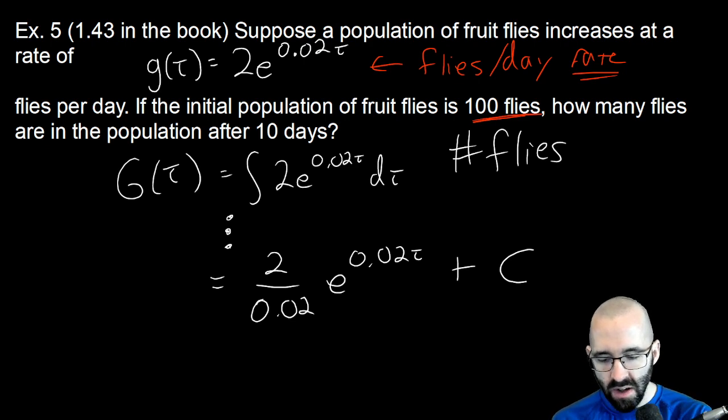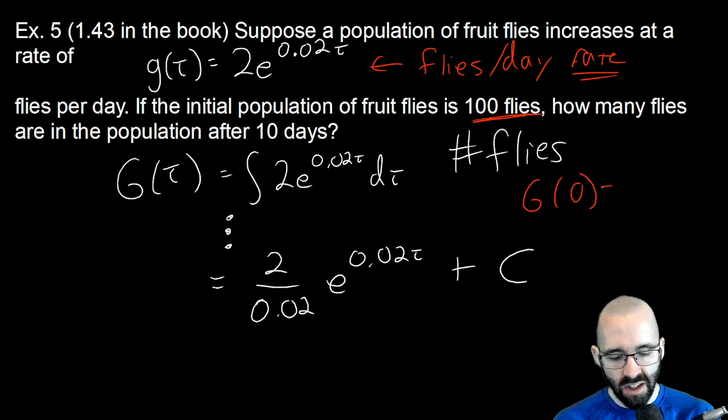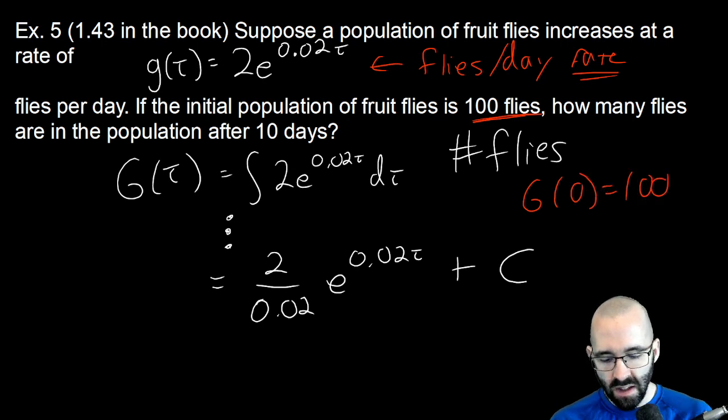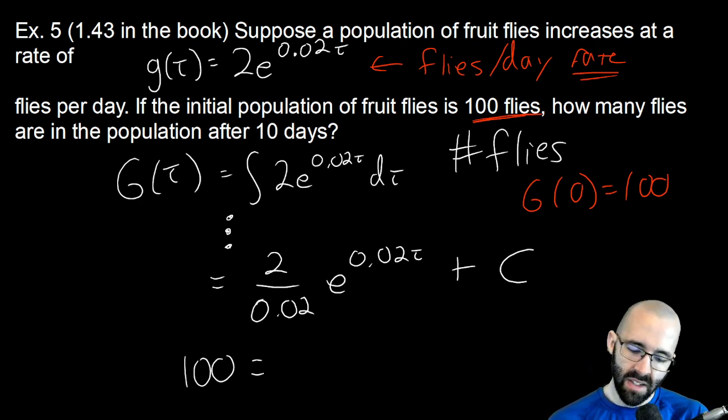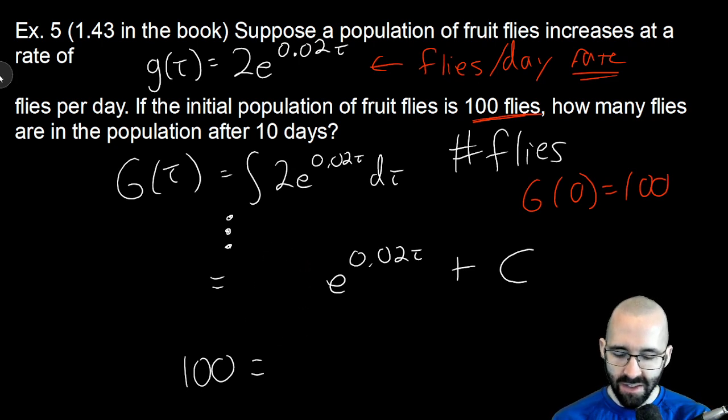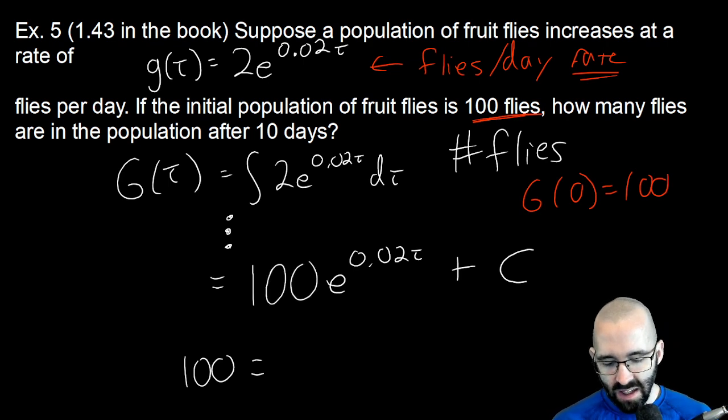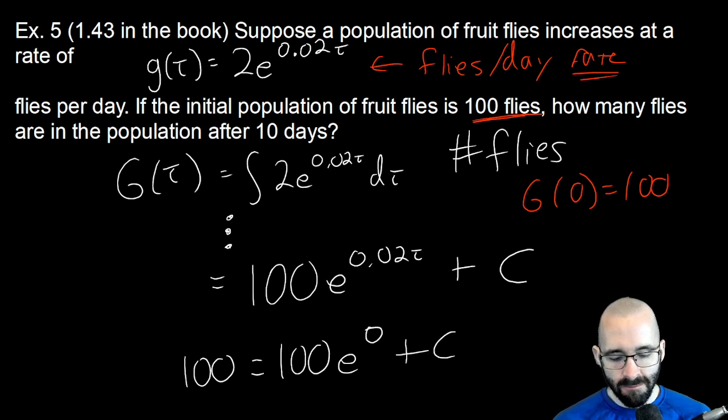We know that G of 0, initially, right, there were 100 flies. We'll use that. 100, well, we can simplify this. All right, if we simplify that, that's 100. 2 divided by a 50th is 2 times 50. That's 100. So 100 is equal to 100 e to the 0 when you multiply it all out plus c.